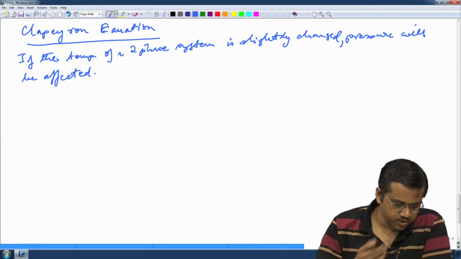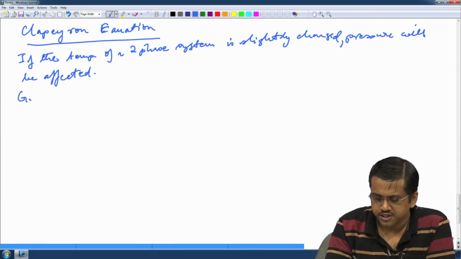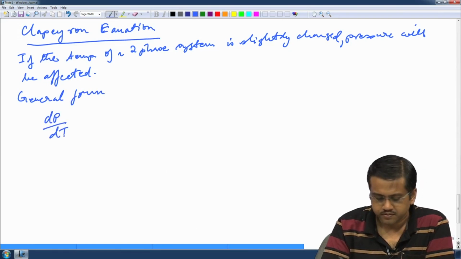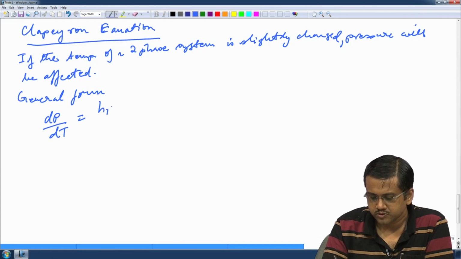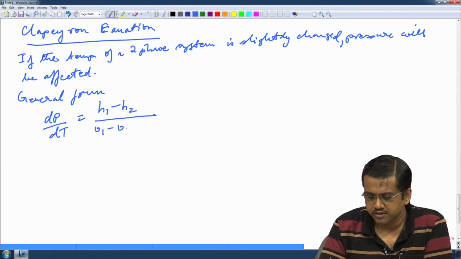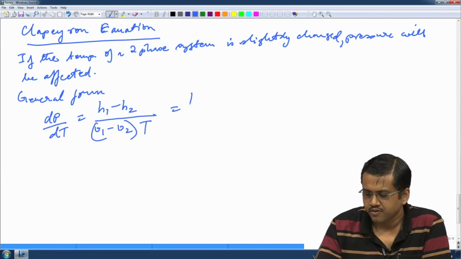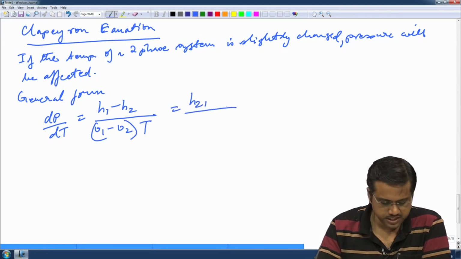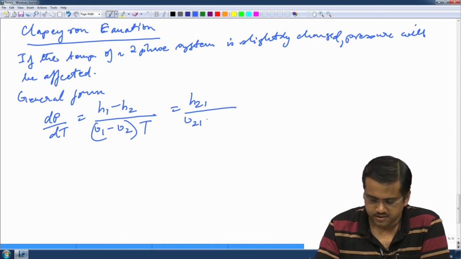I will not do the derivation, but the general form of the Clapeyron equation, the derivation you can look up in your undergraduate books, it should be there, and I will explain what each and every term actually means.